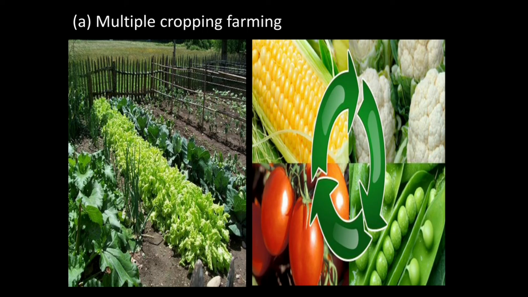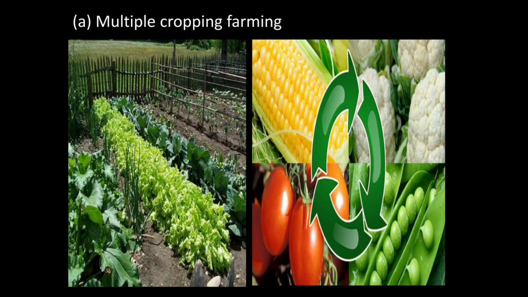Suppose this time you produced maize, then you can next cultivate cauliflower there, next you can cultivate peas there, next you can cultivate tomato there, and like that you can also change the number of crops. You can use the land for producing 6 to 7 varieties of crop within a year.